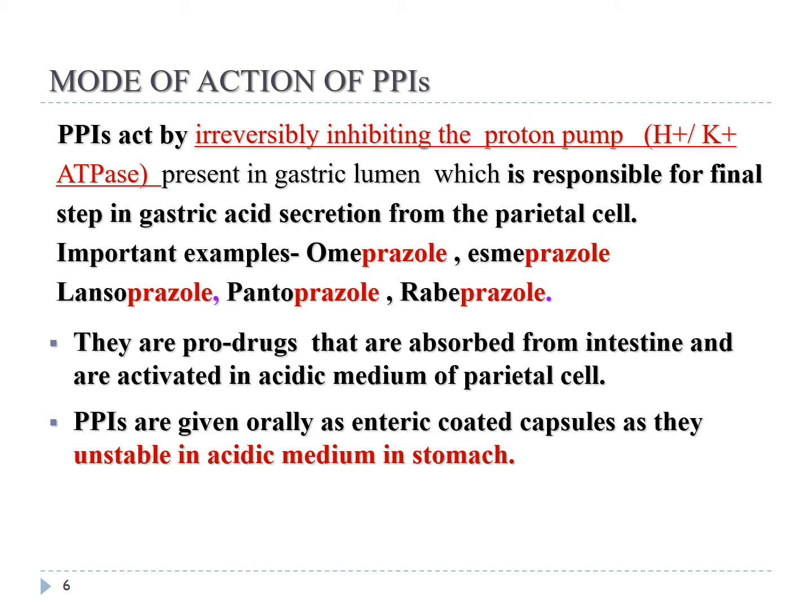They are absorbed from the intestine and are activated in the acidic medium of the parietal cells. They irreversibly inhibit the H plus K plus ATPase pump in the gastric lumen. The important examples of PPIs include omeprazole, esomeprazole, lansoprazole, pantoprazole, and rabeprazole.